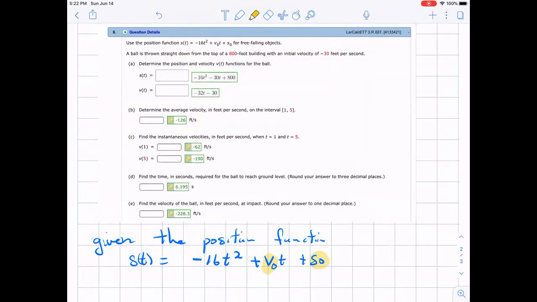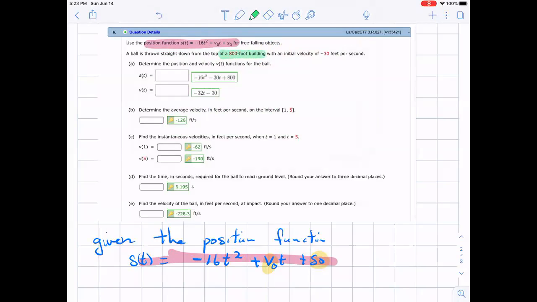Now, if you look at your problem, this was given to you. It's over here, position function. Now, if you continue to read the second line, they told you that a ball is thrown straight down from the top of a building of 800 feet.